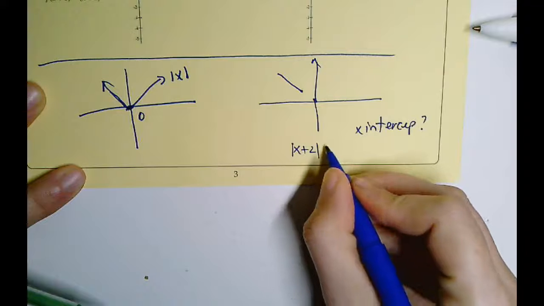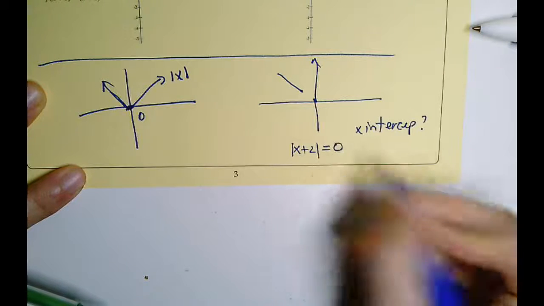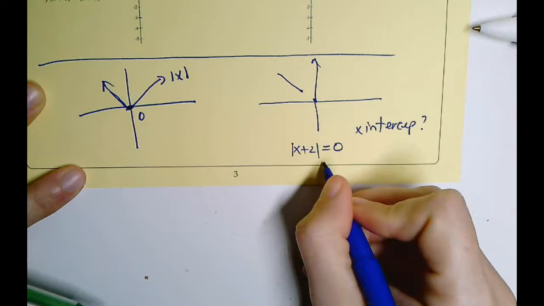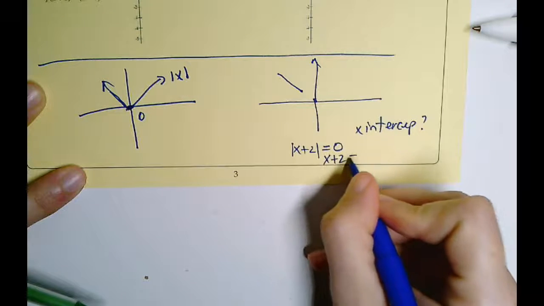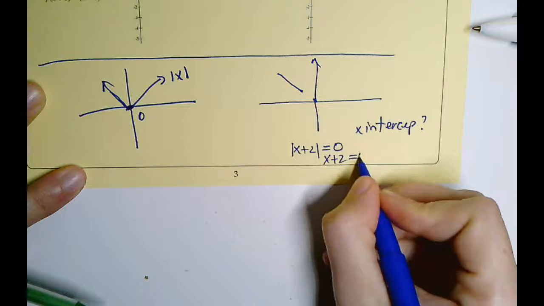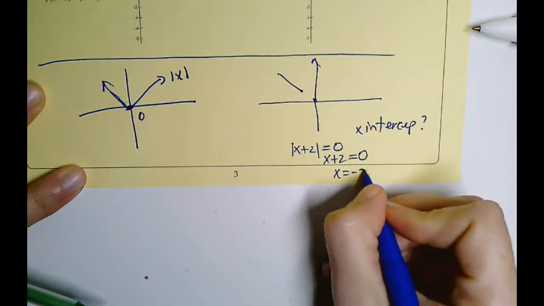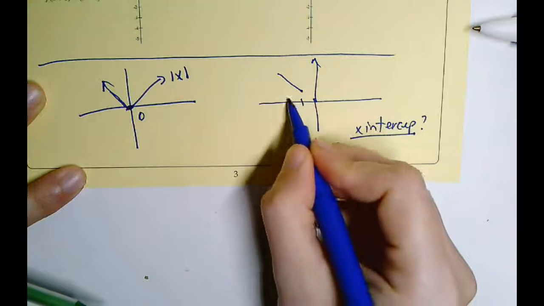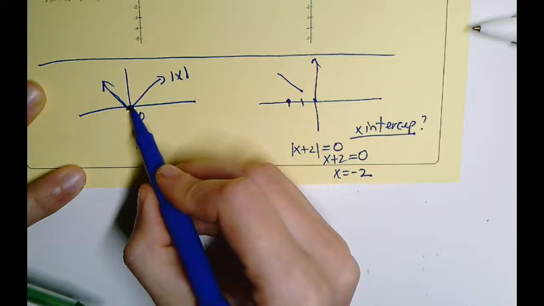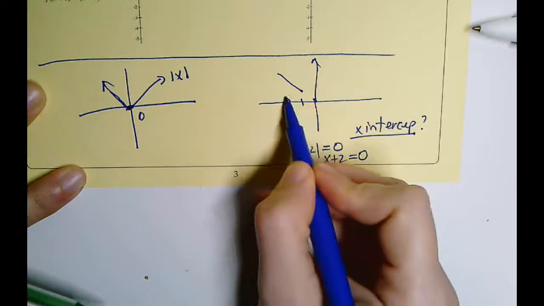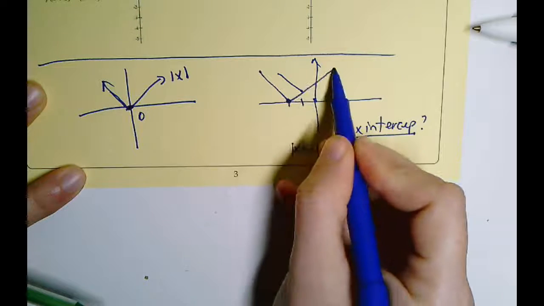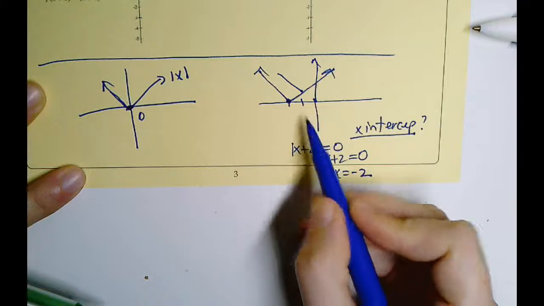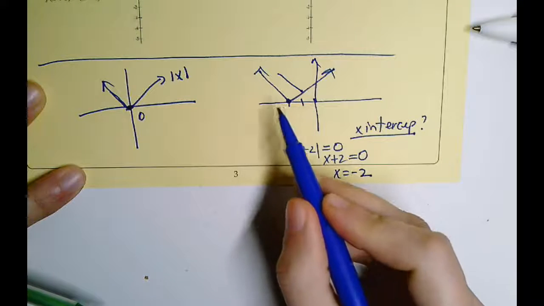Well, I know that to find the x-intercept, I have to set the y equal to 0. So to find the x-intercept, I'm setting y equal to 0 and solving. And the absolute value of a quantity is 0 when that quantity is 0. So x equals -2. So the x-intercept is going to be at -2 now. So this corner right here moved to the left 2 units. So when I add 2 to the x value, it means moving to the left 2 units.